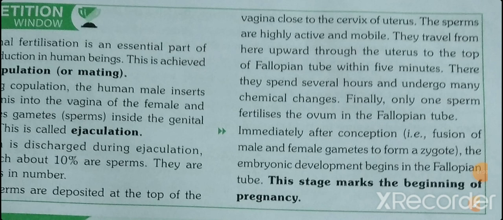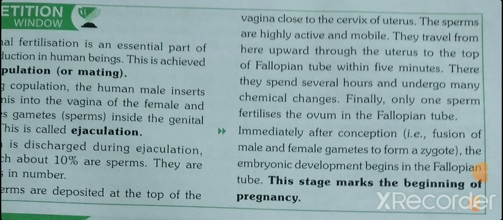They travel from the cervix to the fallopian tube within 5 minutes, and there they spend several hours because they need some chemical changes. Then, from the millions of sperm, only one sperm will fuse with the ovum present in the fallopian tube.